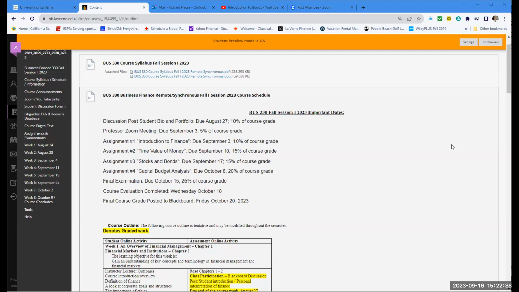Part of this work in assignment 4 will also be a one-page paper, where you'll be writing an interpretation of what that spreadsheet is telling you about this particular situation. We'll talk more about that in the coming week. But that will be posted on Saturday, September 23rd, a week from today, and it'll be due 2 weeks later on October 8th. That's 20% of your grade.